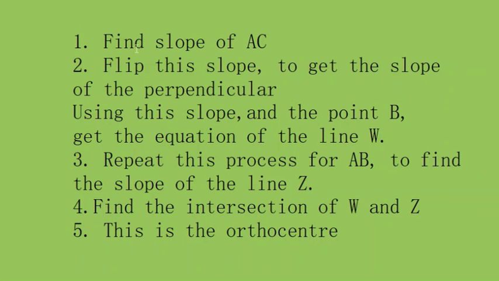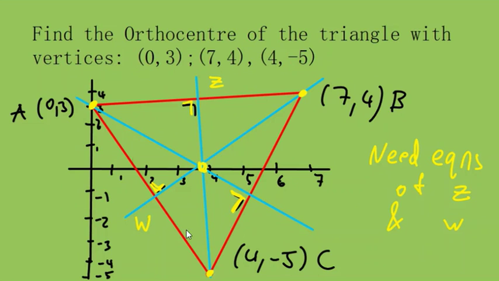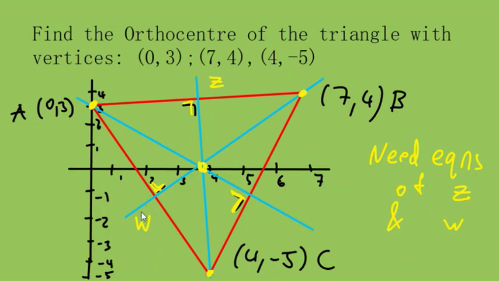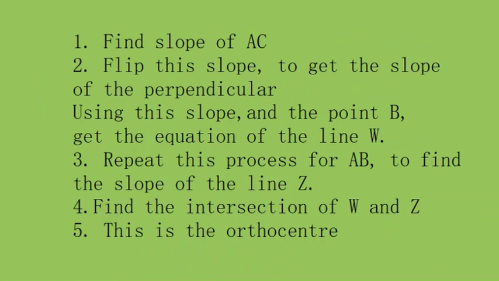So my first step is going to be finding the slope of AC. So AC was this line. So the slope of that using the formula, I'm going to do that. Once I've got that slope, I'm going to flip this slope to get the slope of the perpendicular. So the slope of the perpendicular here would be this line here. Okay, so if I flip the slope of AC, I will get the slope of what we've named W. So I'll actually type that in.